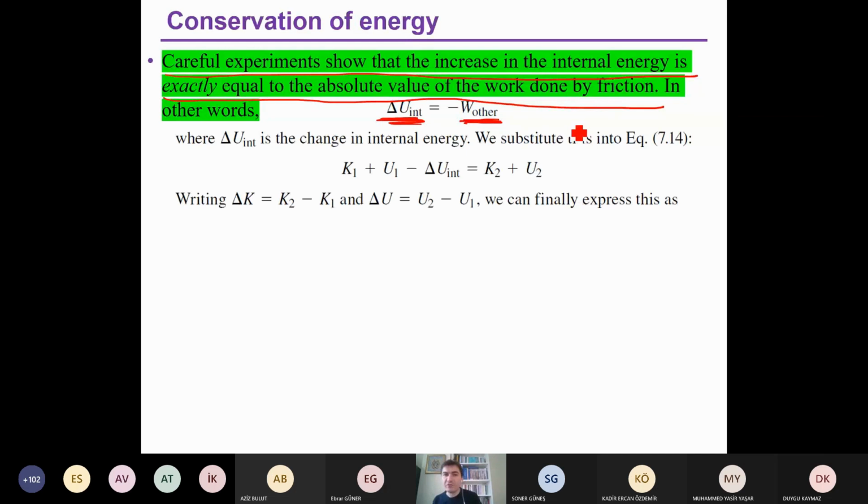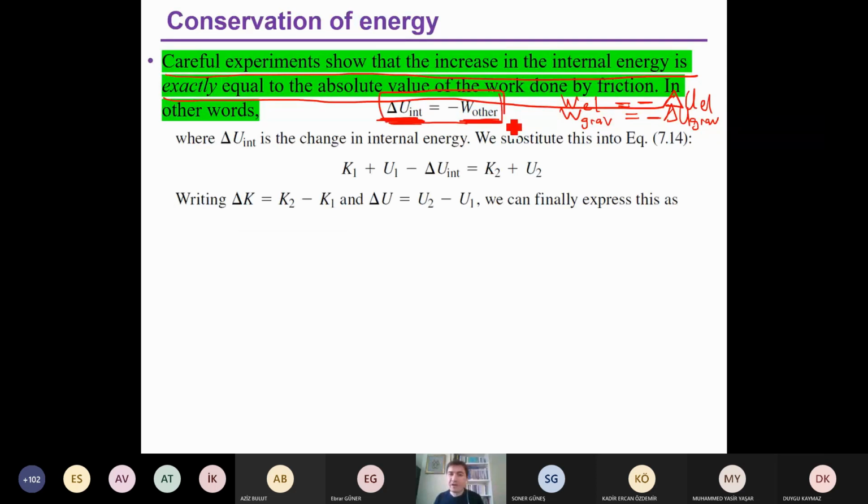Remember the formula for the work done by the gravitational force is given by the change in the gravitational potential energy. And remember the work done by elastic forces is equal to minus the change in the elastic potential energy. So this is the same.